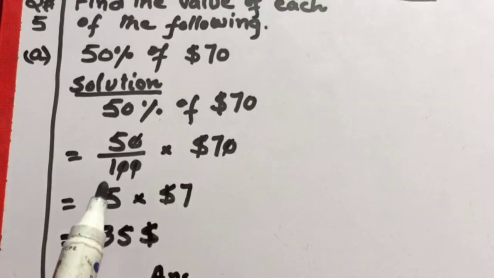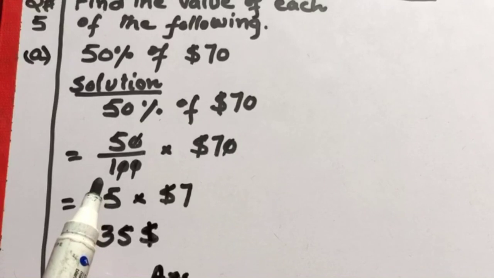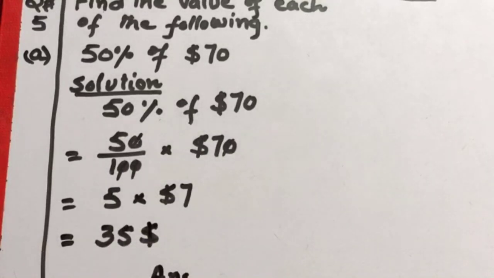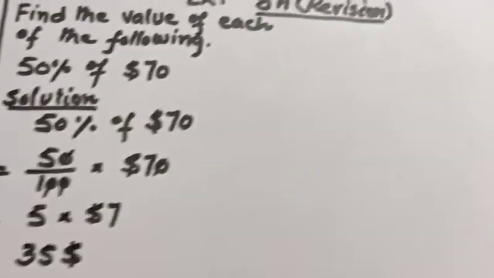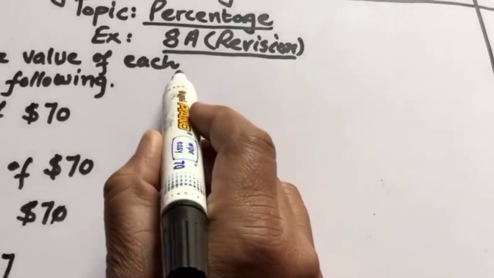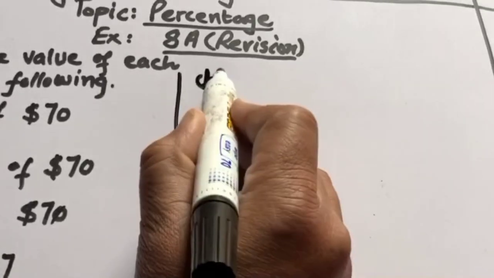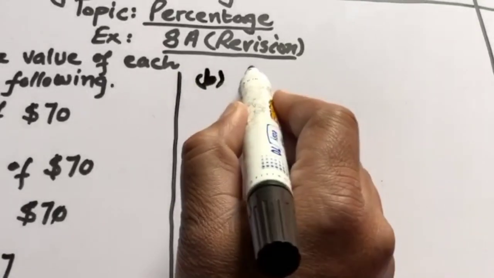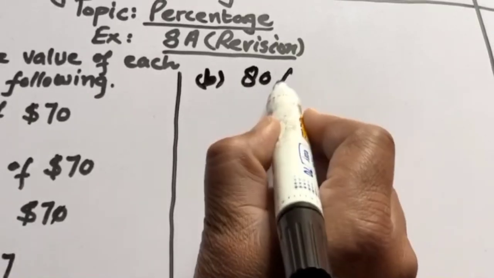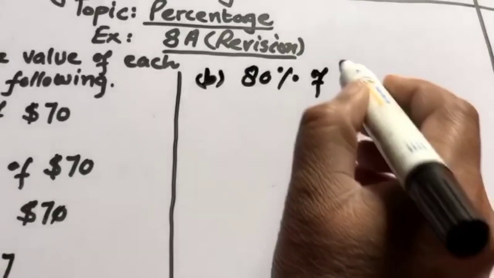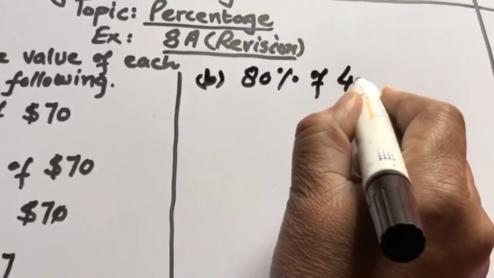So in this question number 5, you can find any percentage of any given number. Here we have found the 50% of $70. Now in part B, we have to find the 80% of 4.5.